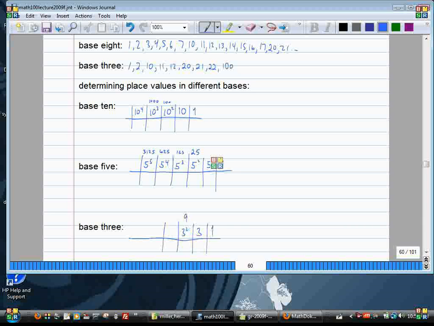What's the next place value? 3 to the third, which is 27. And the next place value? 3 to the fourth. And we should figure out what that is. It's 81. So let's actually take this information and figure out, for example, in base 3, what does the number 100 mean?